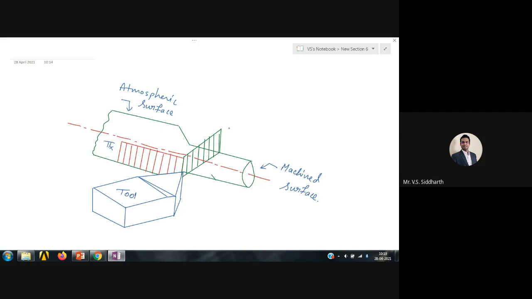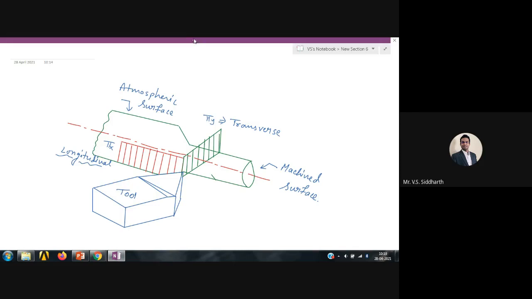And green is the transverse plane, which is pi y. Good, Santoshi. Up to here, it's clear, everyone.